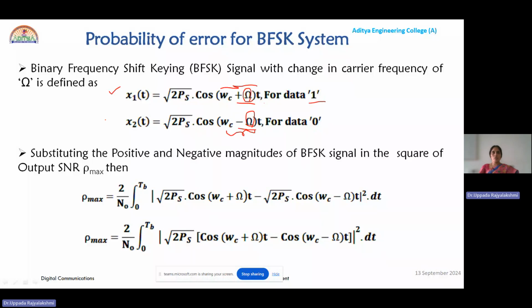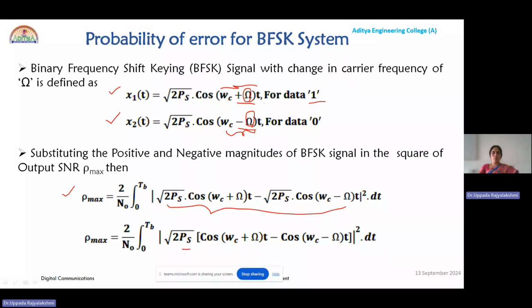Please substitute x1(t) and x2(t) in the expression of the square of the output SNR, which is equal to 2 by N0 times the integral from 0 to Tb of (root 2 Ps cos((omega c plus omega) t) minus root 2 Ps cos((omega c minus capital omega) t)) whole square dt. So this whole thing is in the form of cos(a plus b) minus cos(a minus b).